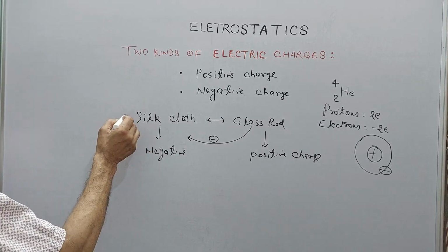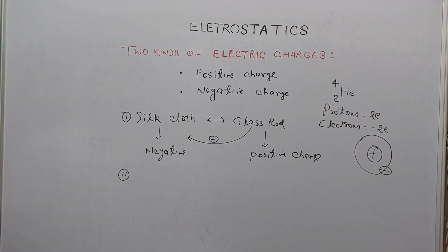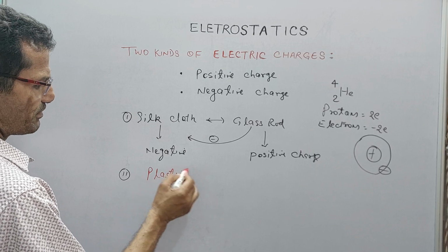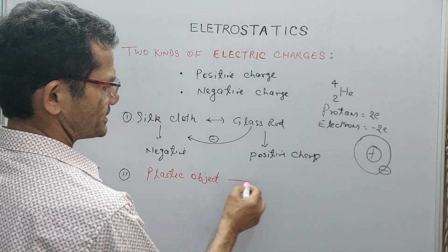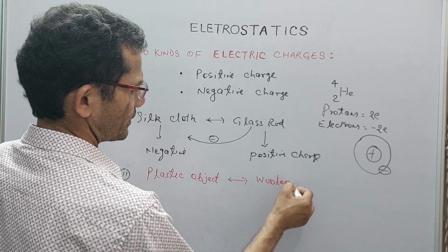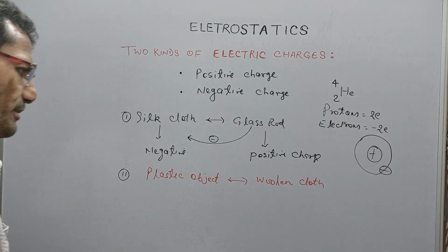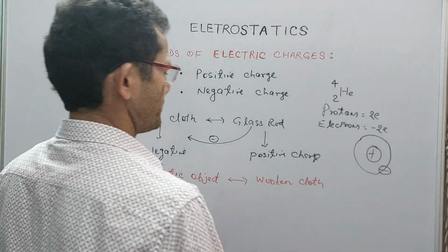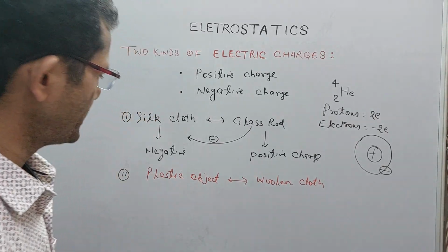This is one example. Now another example: if I take a plastic object and rub it with woolen cloth, before rubbing we have no positive or negative charges. When we rub these two, there is some charge transfer. After rubbing, we have some charges.